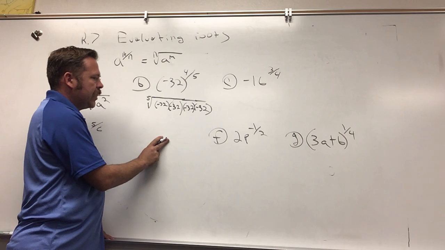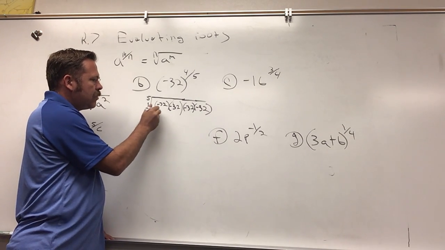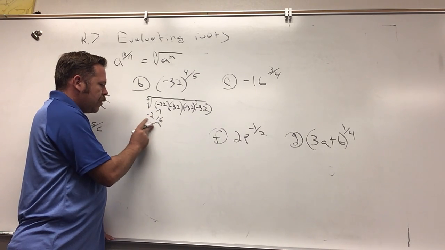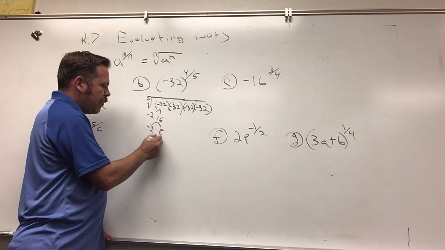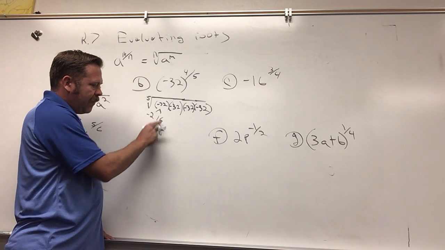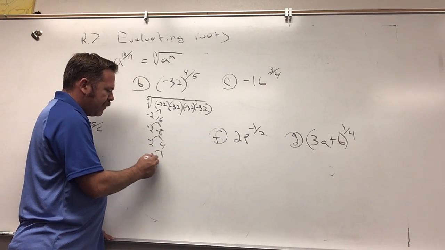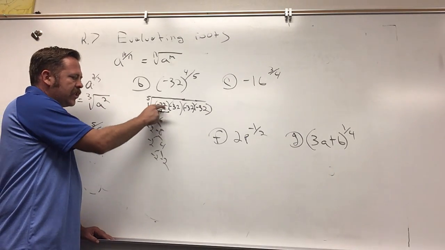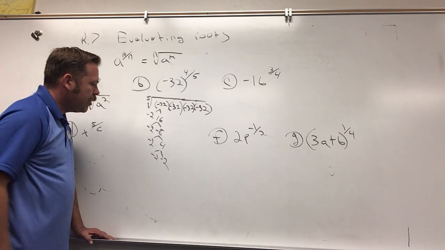Each negative 32 will break down to, let's say, negative 2 and 16, negative 2 and negative 8, because negative 2 times negative 8 is 16. How about negative 2 and 4, and negative 2 and negative 2? You can check all the signs on those, but negative 2 times 16 is negative 32, negative 2 times negative 8 is positive 16. We didn't break any rules, we're good.